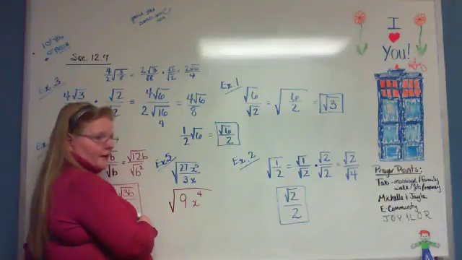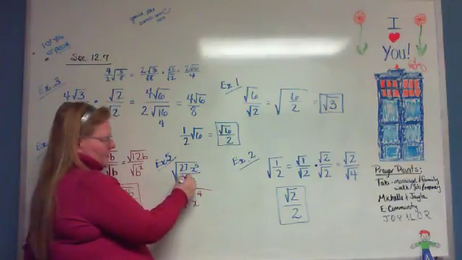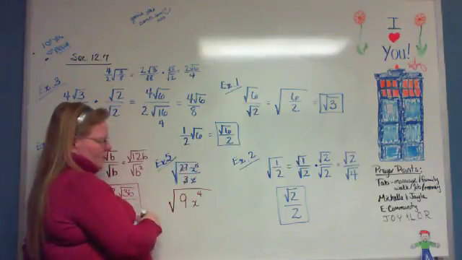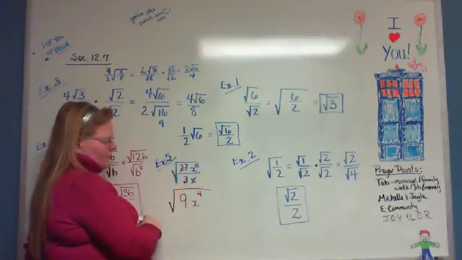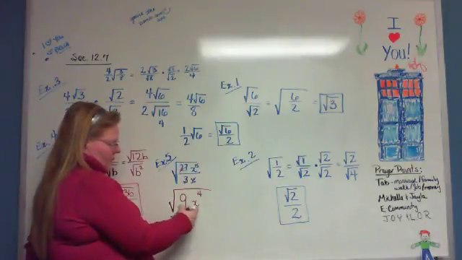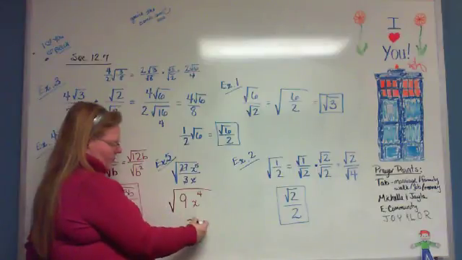And now I no longer have a fraction. So that took care of that, because this reduced down and that reduced down. So now I just have to take the square root of 9x to the 4th. The square root of 9 is 3. X to the 4th divided by 2 gives me x squared.